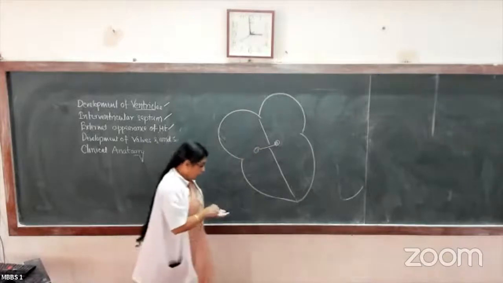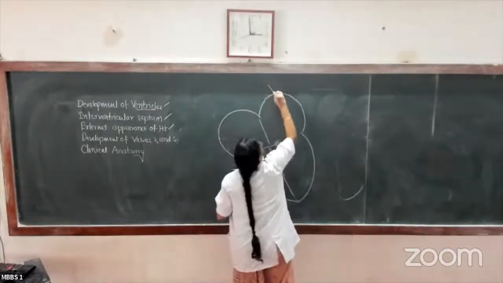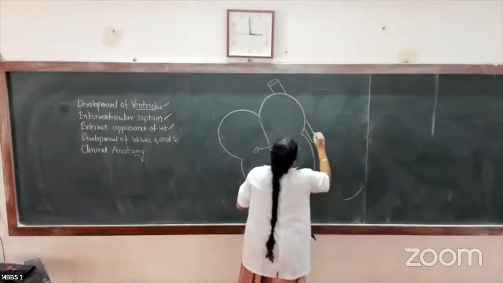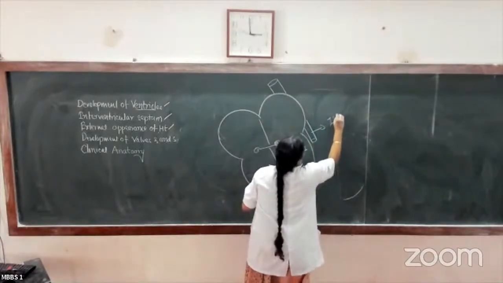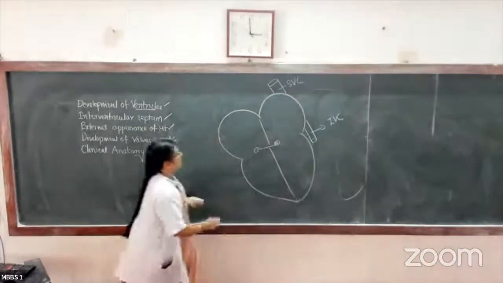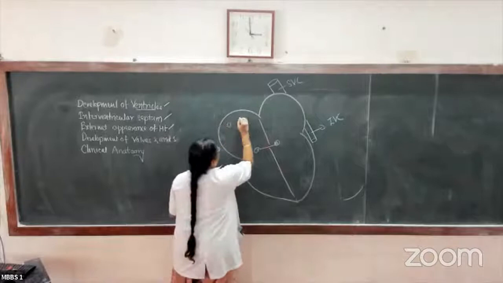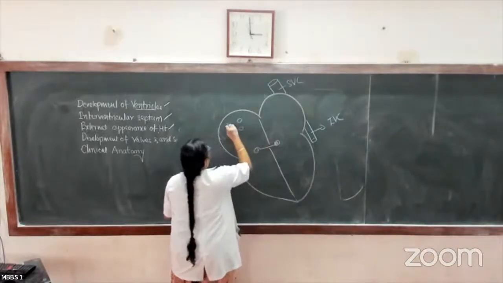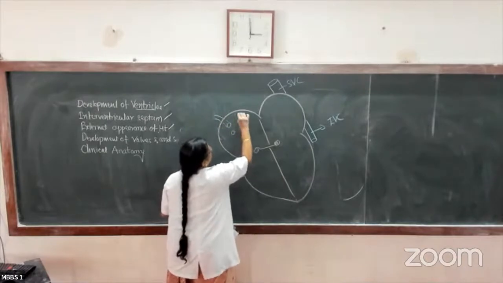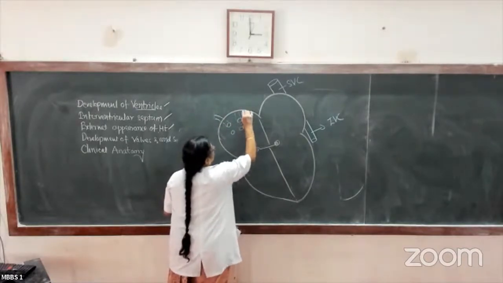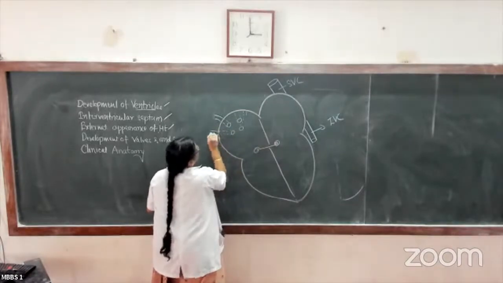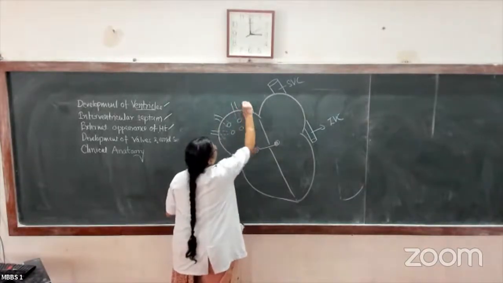Now, superior and inferior vena cava will come and open into the right atrium. Inferior vena cava and superior vena cava. And pulmonary veins will open into the right atrium.